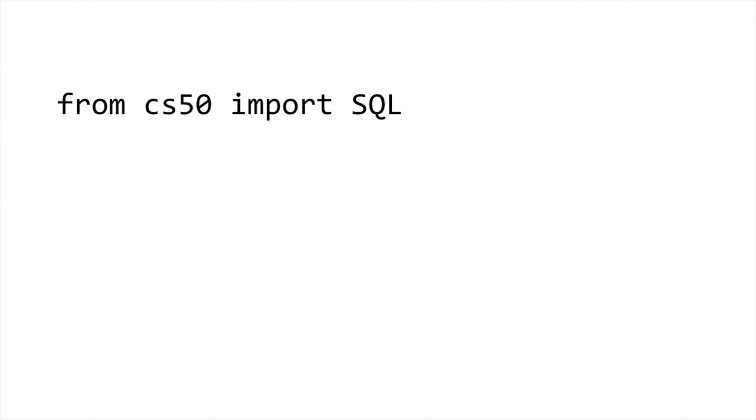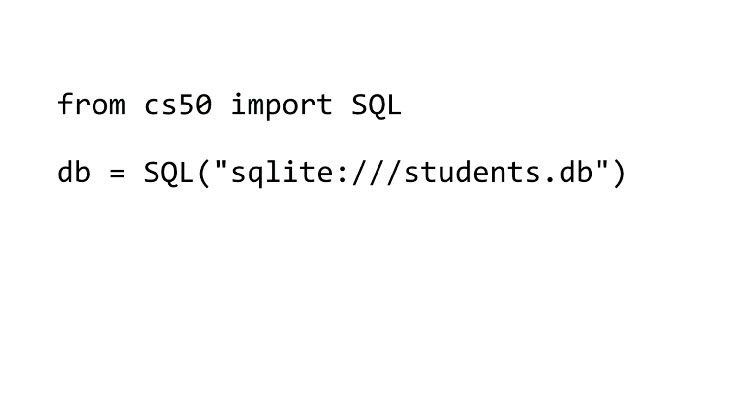Well, first, you're going to need some way to have your Python script interact with a SQL database. And to do that, we can use the CS50 library. So from CS50, we are first going to import SQL, and then we're going to create a new variable called db, which is equal to SQL of sqlite:///students.db.